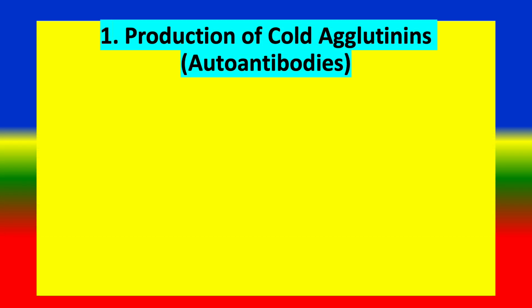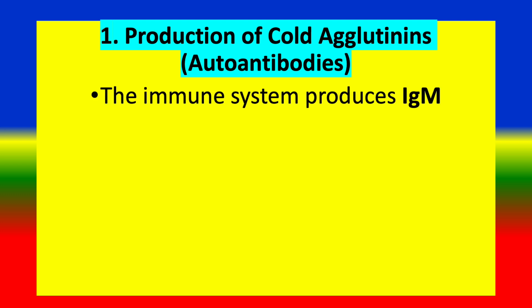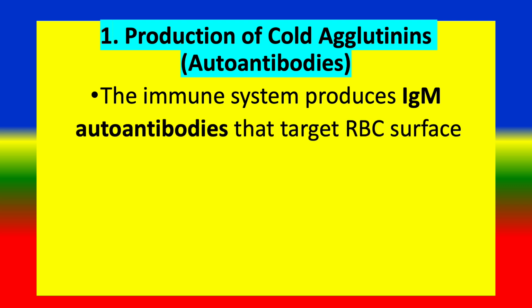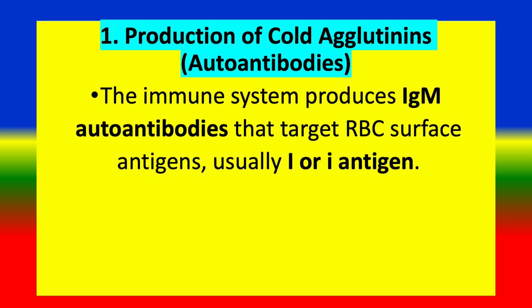1. Production of cold agglutinin autoantibodies. The immune system produces IgM autoantibodies that target RBC surface antigens, usually the I/i antigen.